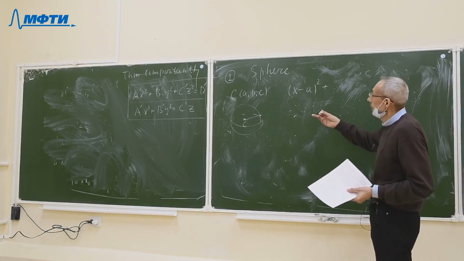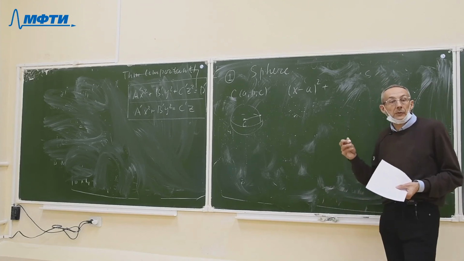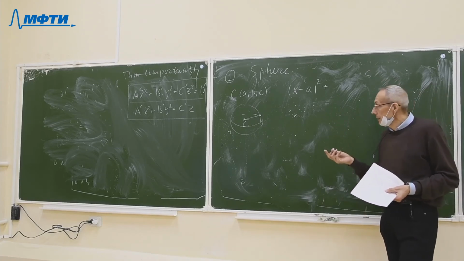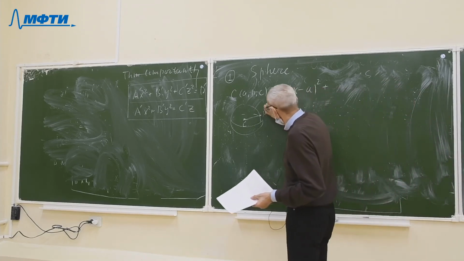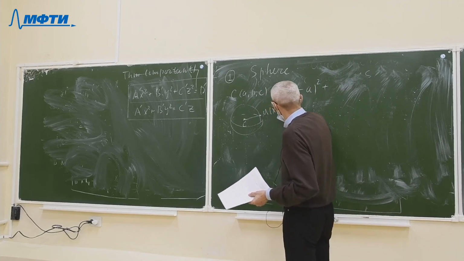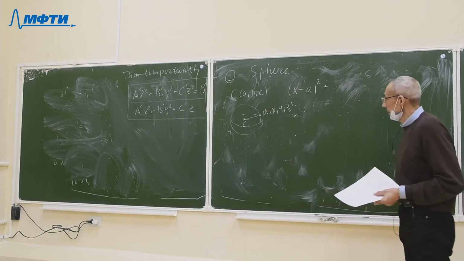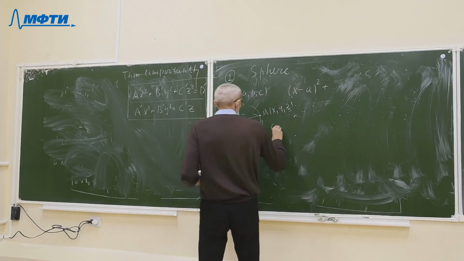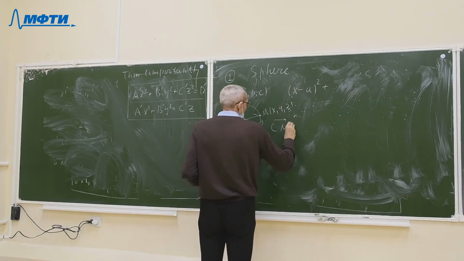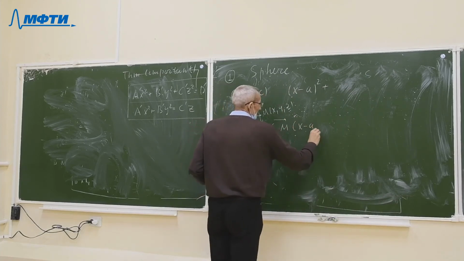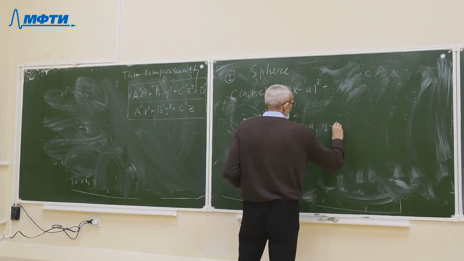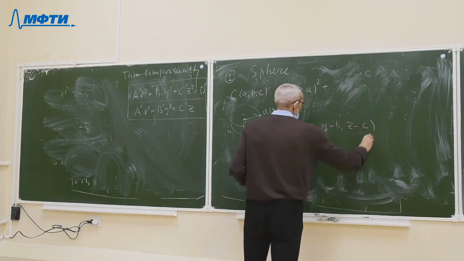If this point M has coordinates x, y, z, then the vector CM has coordinates x minus a, y minus b, z minus c.